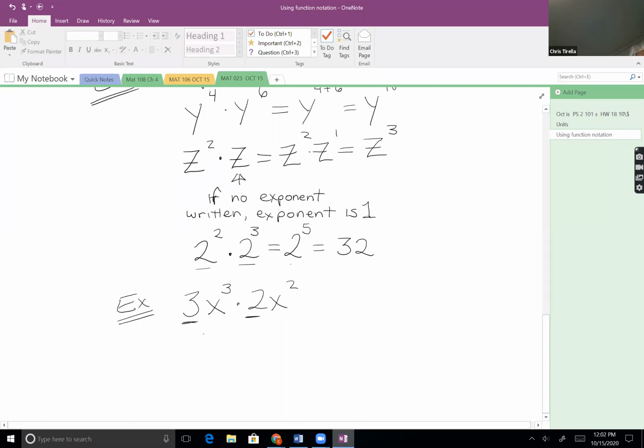When I have two expressions like this, I'm going to think of using the commutative and associative property to regroup in such a way that I multiply the coefficients and multiply the variable parts.